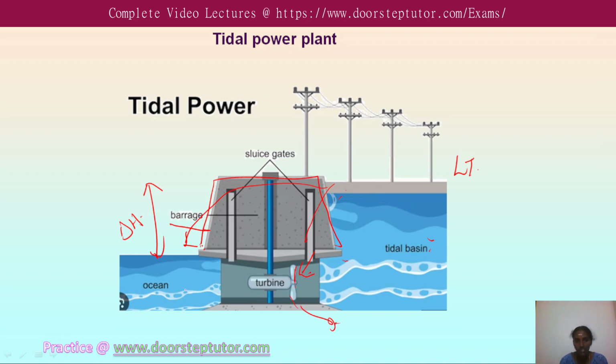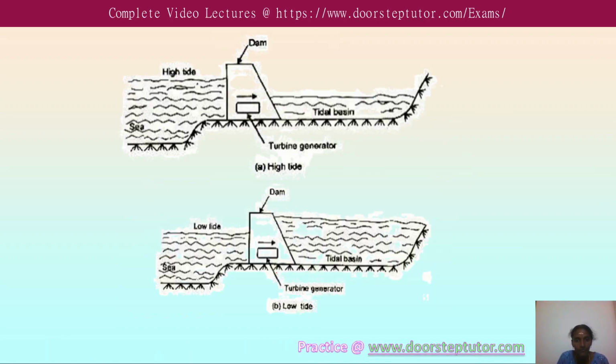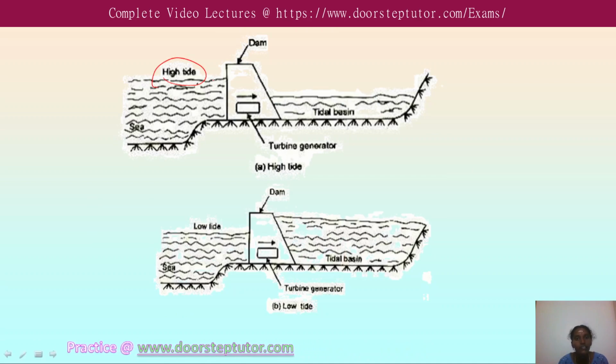Similarly, in this picture it is the high tide line. The water flows from here to here. The dam is similar to the barrage.